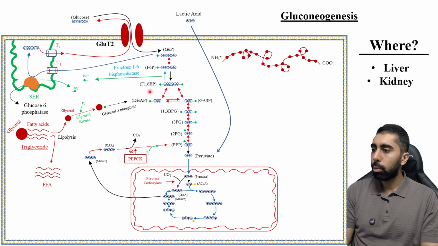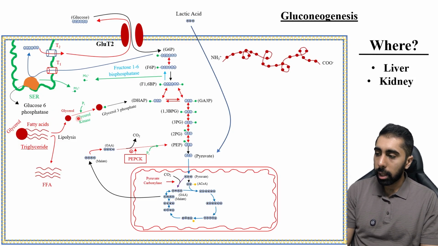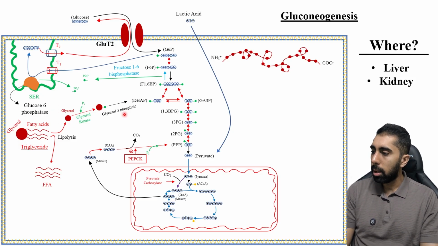It can turn back into F16BP, using fructose 1,6-bisphosphatase to turn into fructose 6-phosphate. It is reversible to glucose 6-phosphate. Glucose 6-phosphate moves into the smooth endoplasmic reticulum and turns into glucose, and glucose can move out easily. So this is how we use lipids, and specifically glycerol, in order to produce glucose.